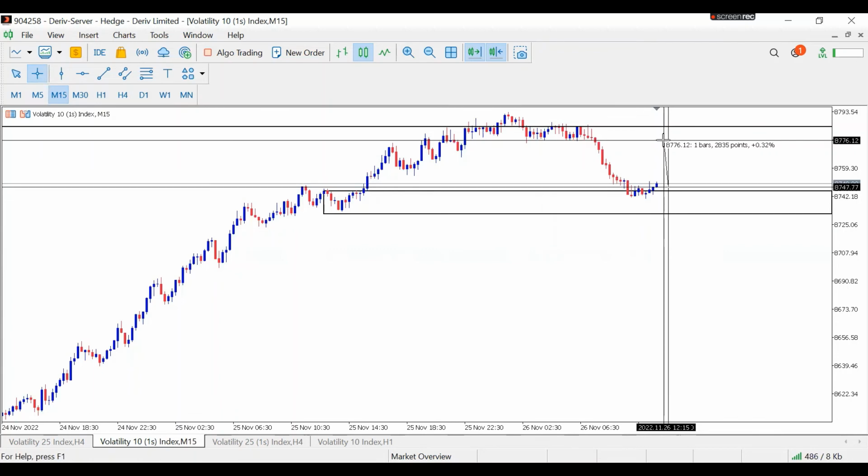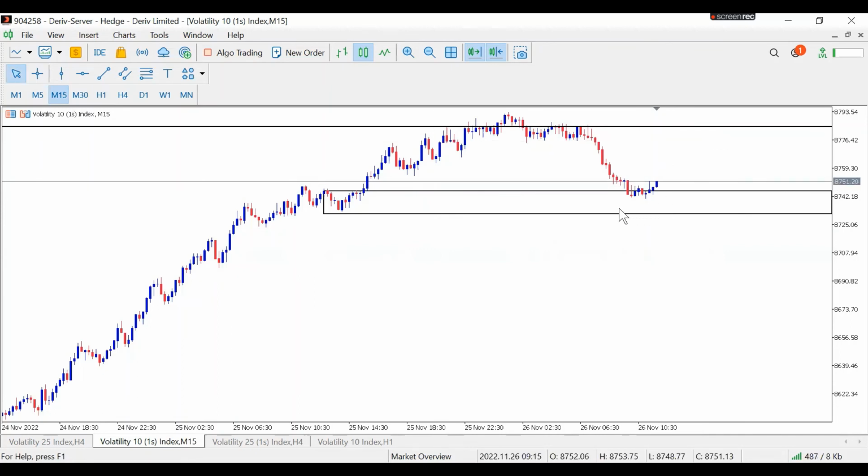If you're using the smallest lot size, maybe each position will give you like $2-3. So it will be up to you how many positions you'd like to open. But I think it's safe to scalp here.